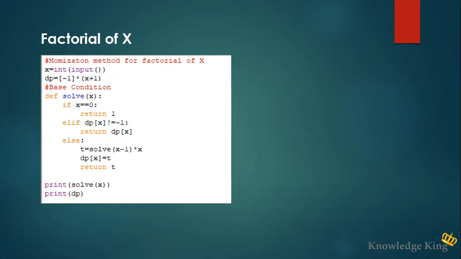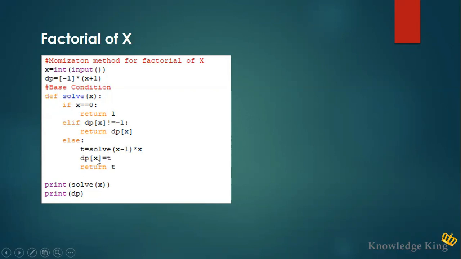And similarly for memoization, we will come from the top. Here top is 5. Similarly we will create a dp with initial -1, and we'll use the recursion method. If x is 0, we'll return 1, and if not, we'll compute the value of x.